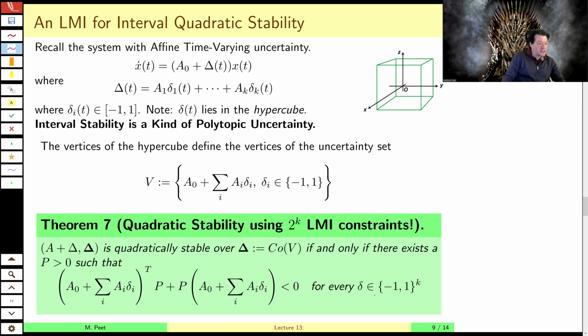So the next obvious extension is to the case of interval uncertainty, where we have our uncertain parameters lying in an interval, and I've just scaled those to negative 1, 1. I could have also scaled them to 0, 1, but I chose negative 1, 1 because the notation is a little bit easier.